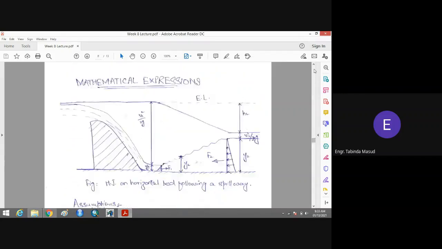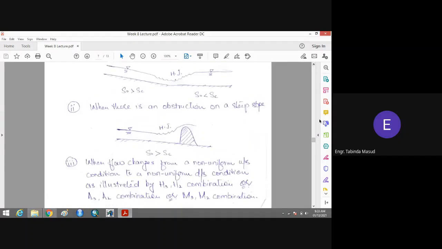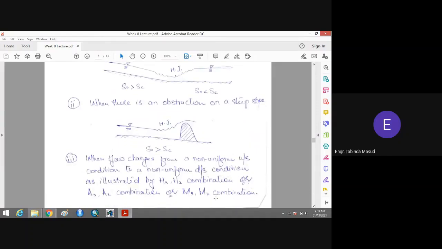Number 3, you are unable to understand it at this point. You will be able to understand it in the next class when we will discuss the water surface profiles. It is written that hydraulic jump occurs for H3-H2 combination, A3-A2 combination, and M3-M2 combinations. What are the H2, H3, A2, A3, and M2, M3?